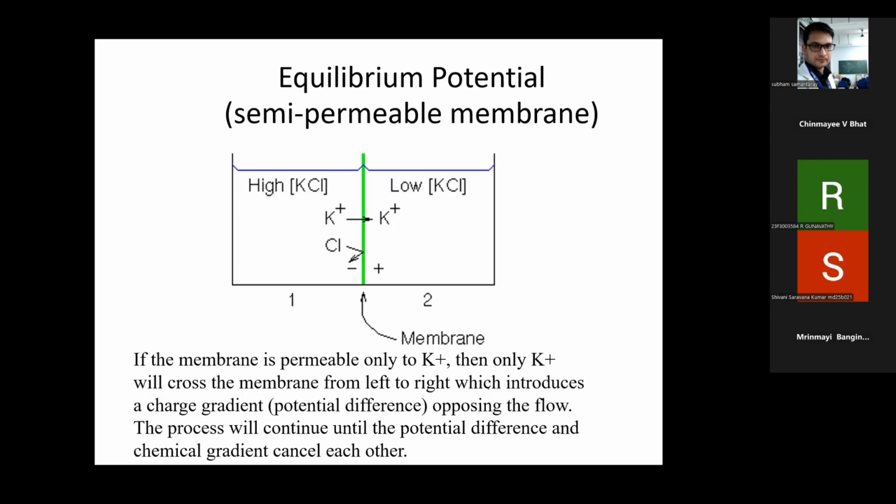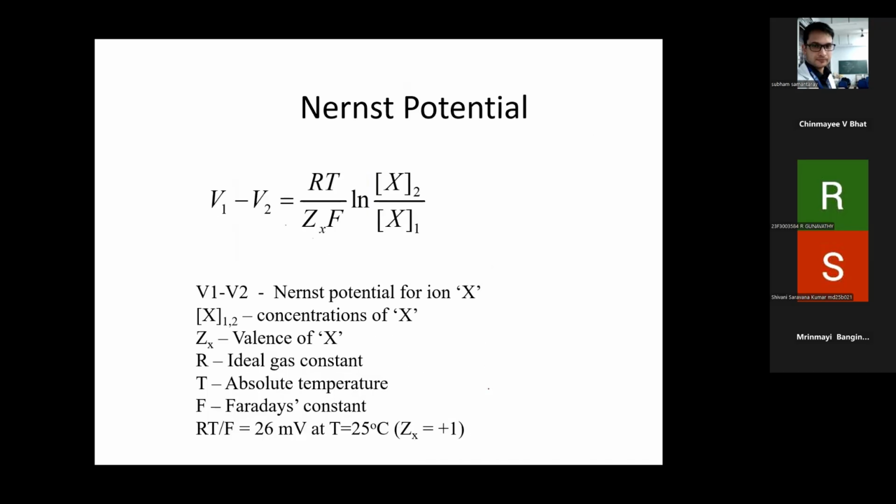At that point, the flux stops. And by that time, already some potassium would have accumulated on the right side. That creates a voltage on the right side. So you see that because of this arrangement, you start with a high concentration on the left side and you end up with a high voltage on the right side under equilibrium conditions.